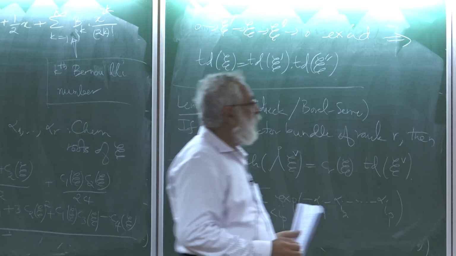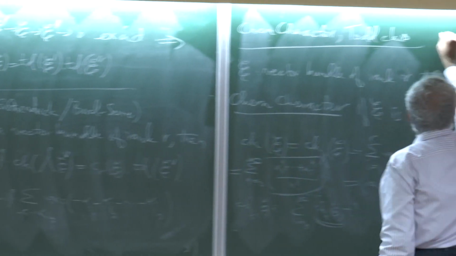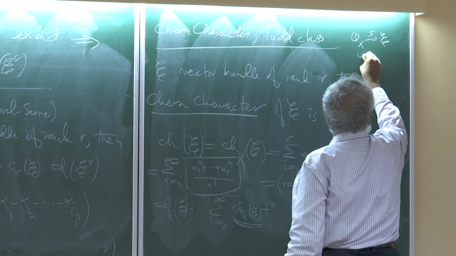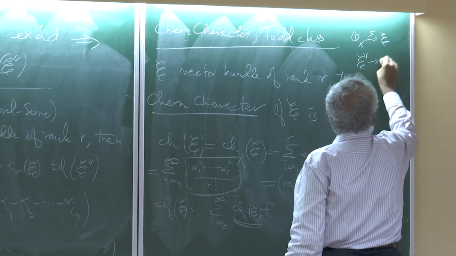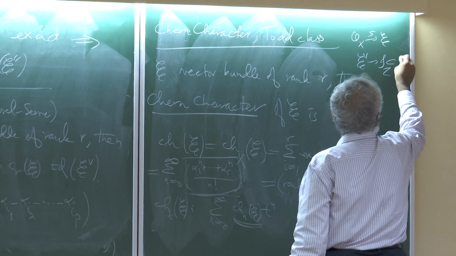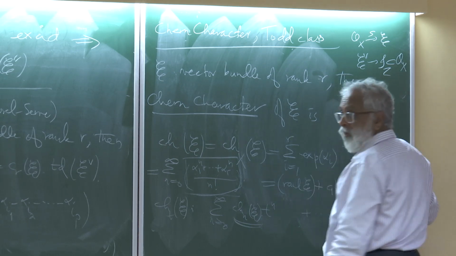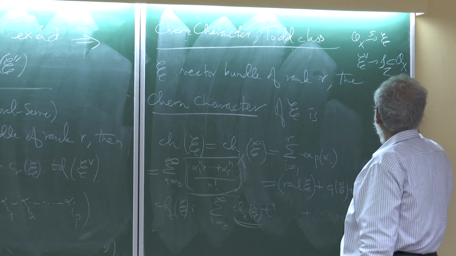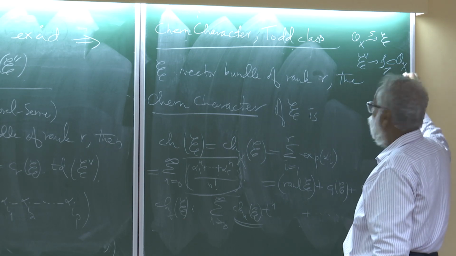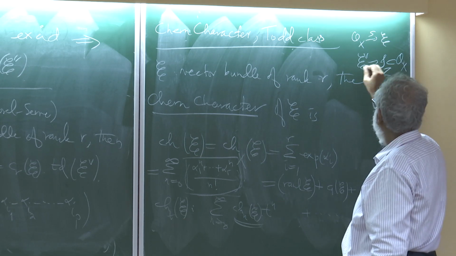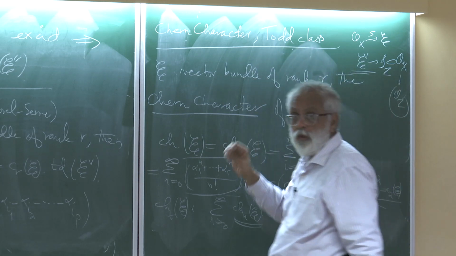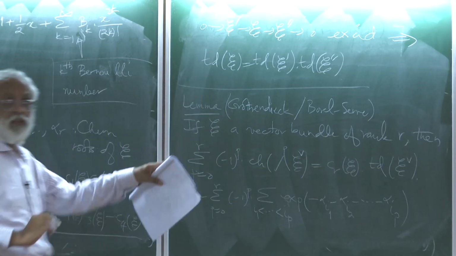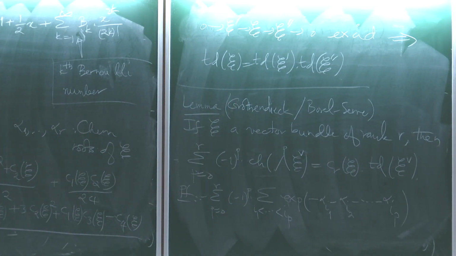Then to say E has a section which vanishes means I have a map OX to E, and when I dualize, I get E dual to the ideal of the zeros sitting inside OX, right? So the point is there's a Koszul complex of the structure sheaf of Z, the zero scheme, as an OX module in terms of exterior powers of this E dual. So that's sort of what's appearing here, roughly. The terms of that Koszul complex are somehow what are appearing.